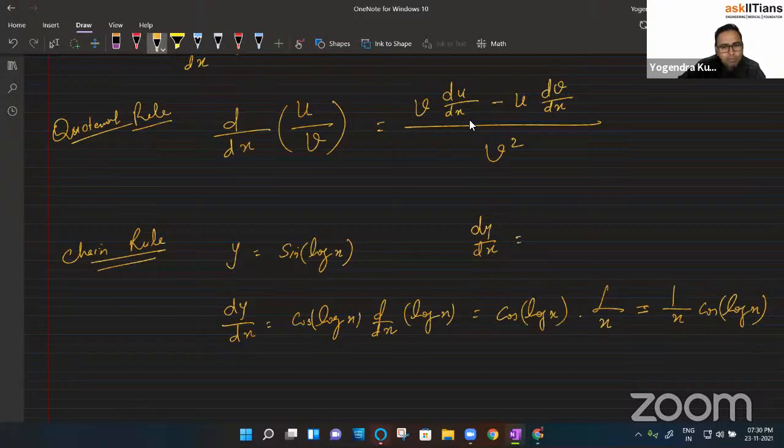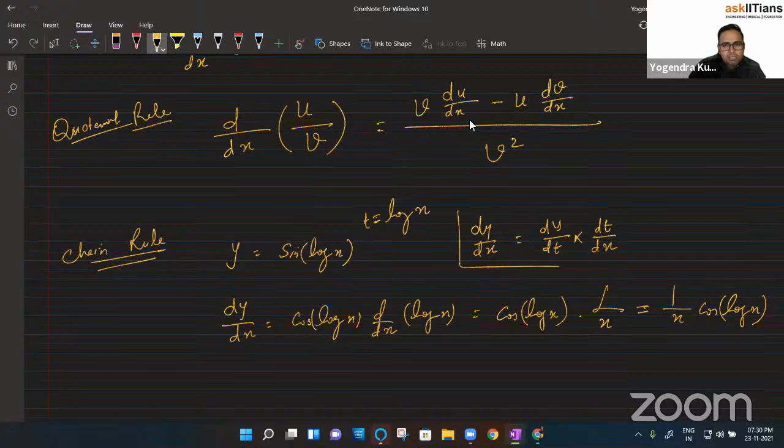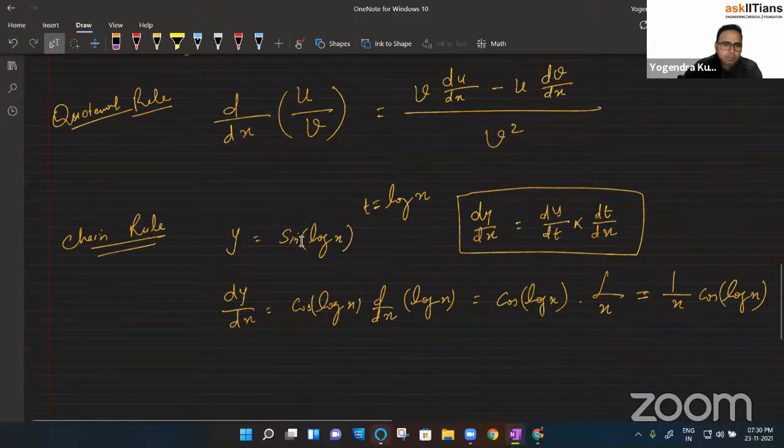We take t equals log x, so we need dy by dt first, then into dt by dx. These two things we can find out, put them together, and get the answer. Clear, everyone? This is the chain rule. It can continue to more functions also.